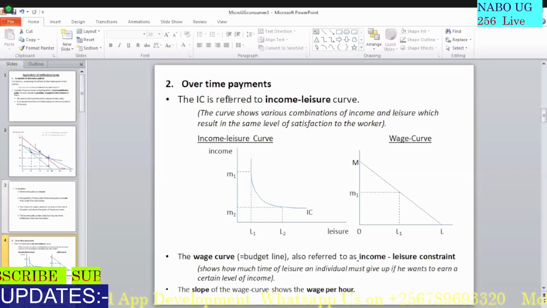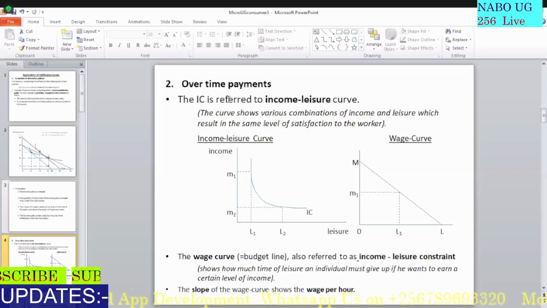Now, the equilibrium of the worker is where this income leisure curve is tangent to the wage curve. That is the equilibrium, and when we say equilibrium, that means the individual is satisfied at that point. Let's assume it is tangent at that point. So he is satisfied by working L1L.